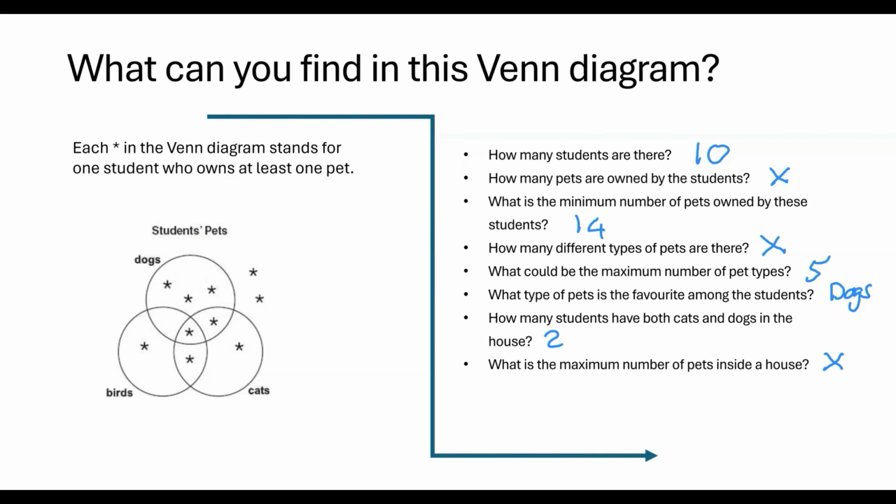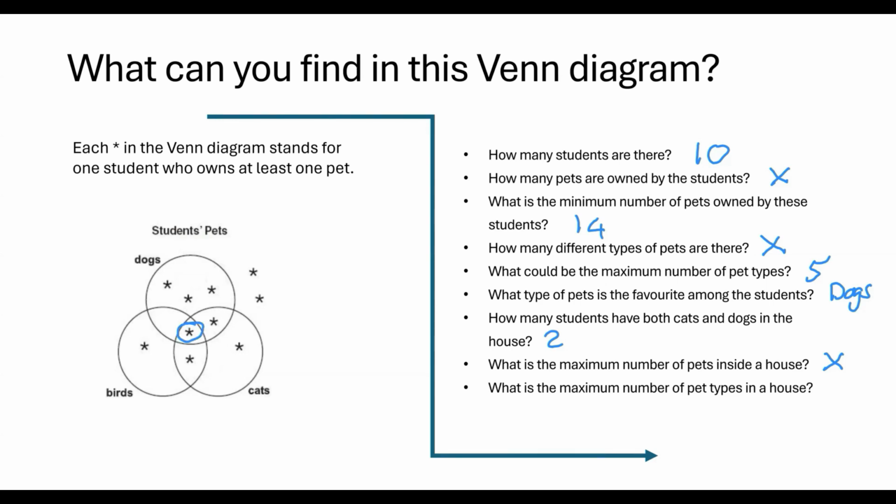Okay, the next question is, what is the maximum number of pet types in a house? Yes, you can answer that. One of the kids actually has all three different pets, dog, bird, and cat, right here.